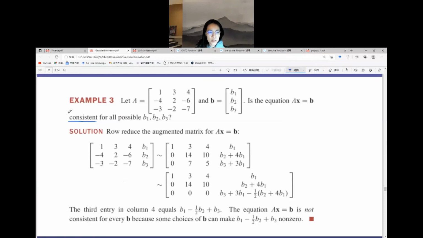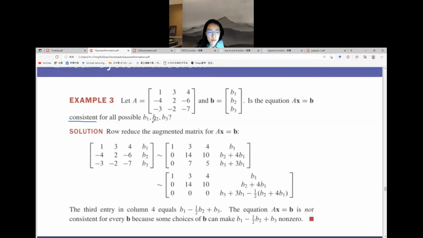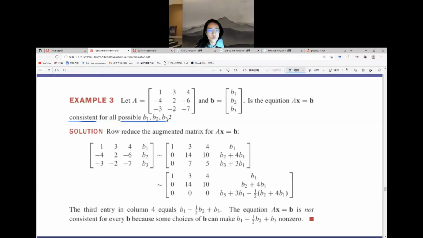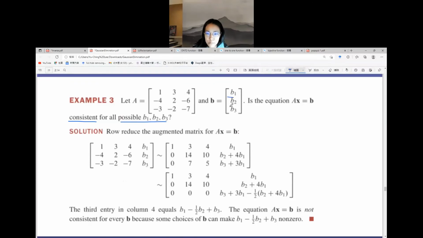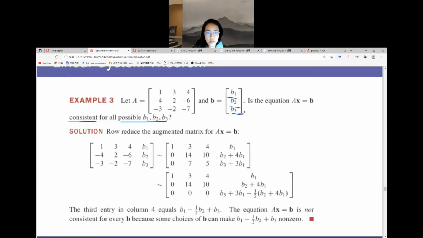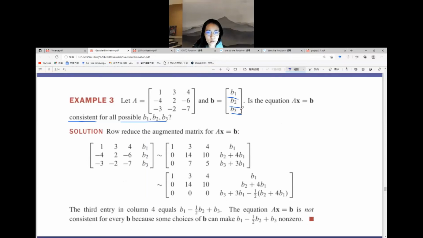Consistent means that it has either a unique solution or infinitely many solutions, but there is a solution. And what are the possible b1, b2, and b3? Okay, it looks quite hard, because b1, b2, and b3 are random numbers, and the numbers are not unique.